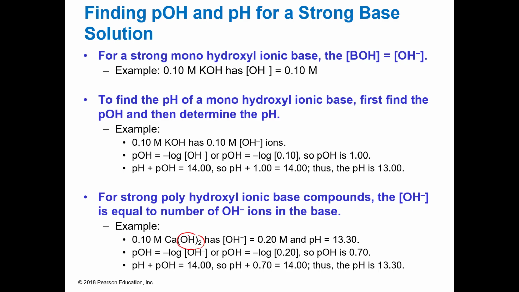And so if you have 0.1 molar Ca(OH)2, then the OH is going to be 0.2 molar, because you're going to get a Ca2 plus and 2 OHs. Okay, so that's why that's the case.